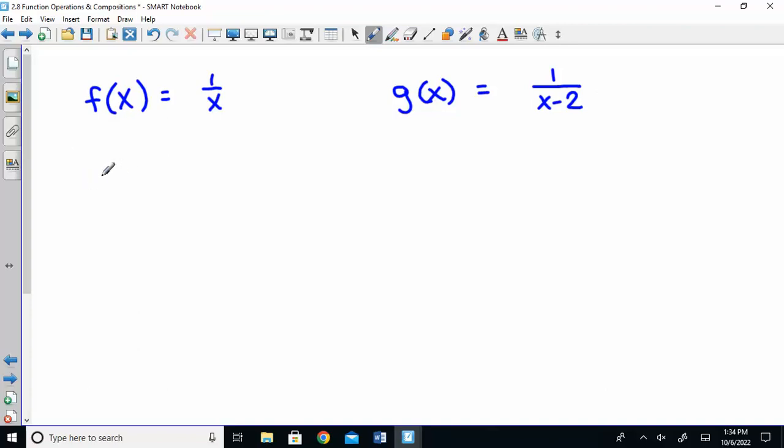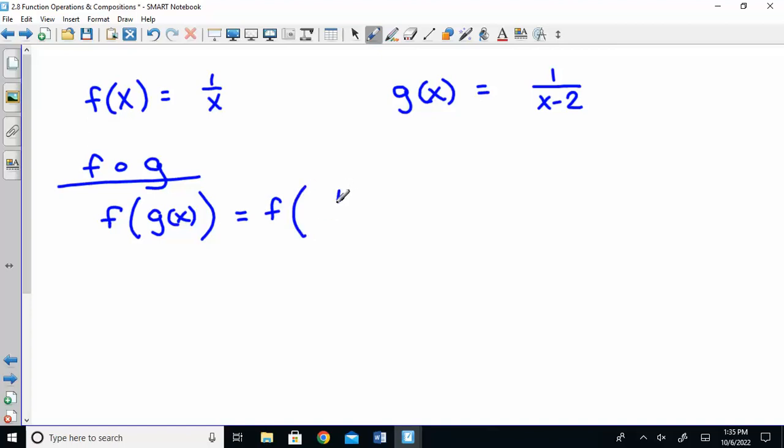What if I asked for f composed with g? Alright, so if I actually did this composition, that means f of g of x. So g is 1 over x minus 2.